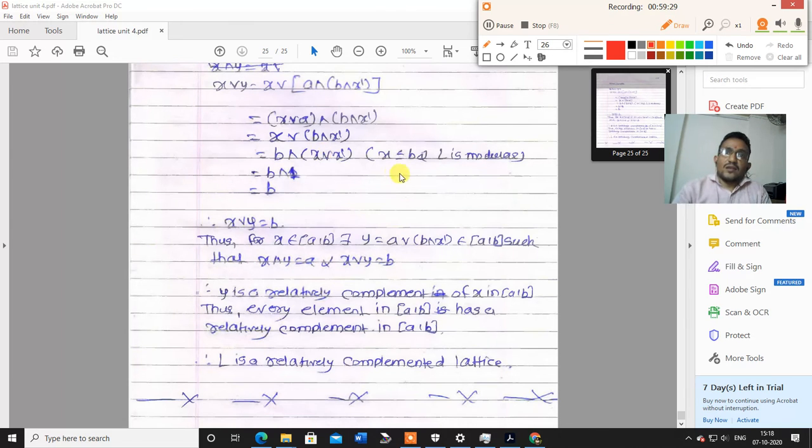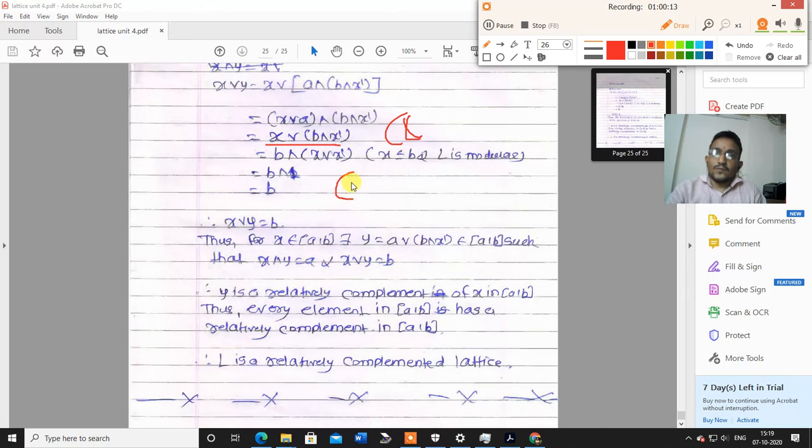By using the modular property, we can say B meet X join X dash, as X is related to B and L is a modular lattice. For this statement, we can say that L is a modular lattice, so we satisfy the modular law.